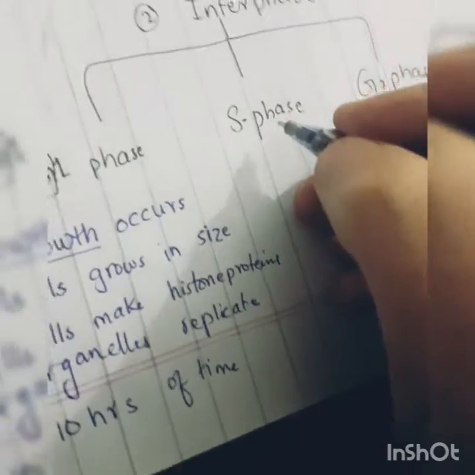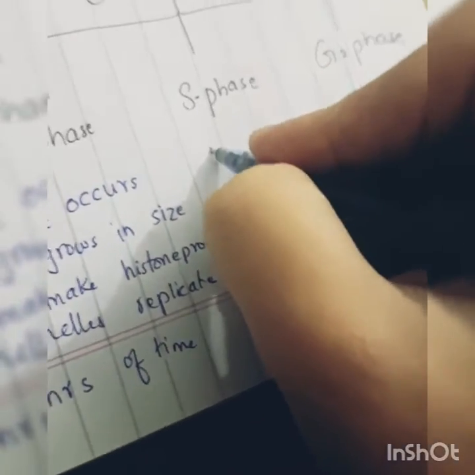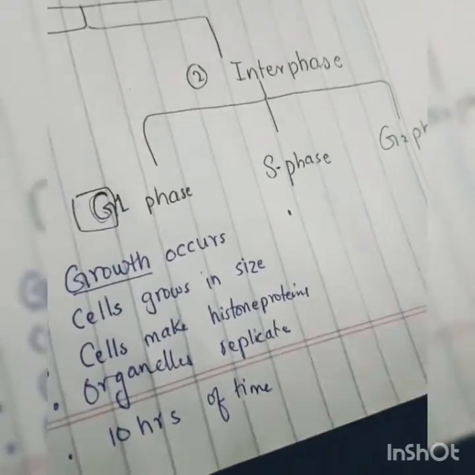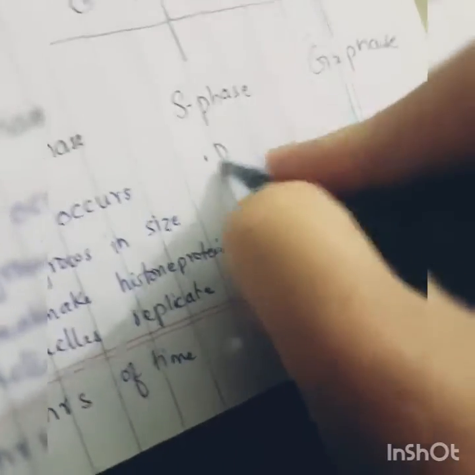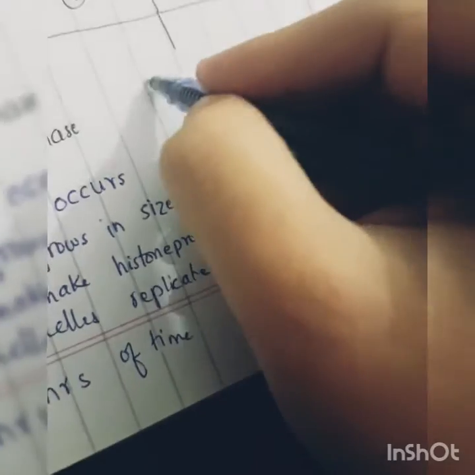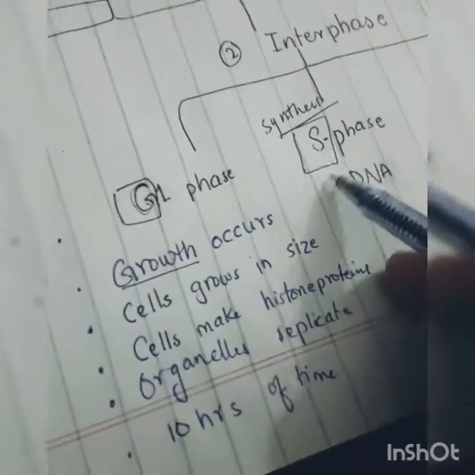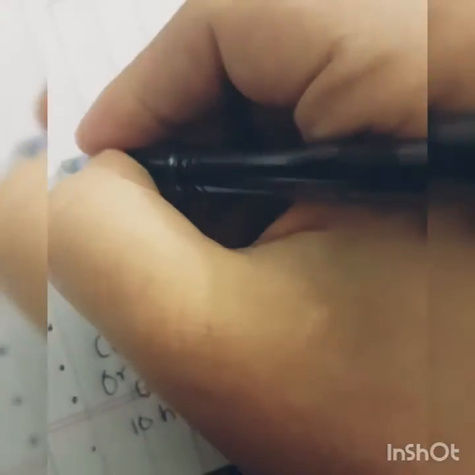Let's come over to the S phase. It's all about DNA synthesis. S denotes synthesis, G denotes growth.